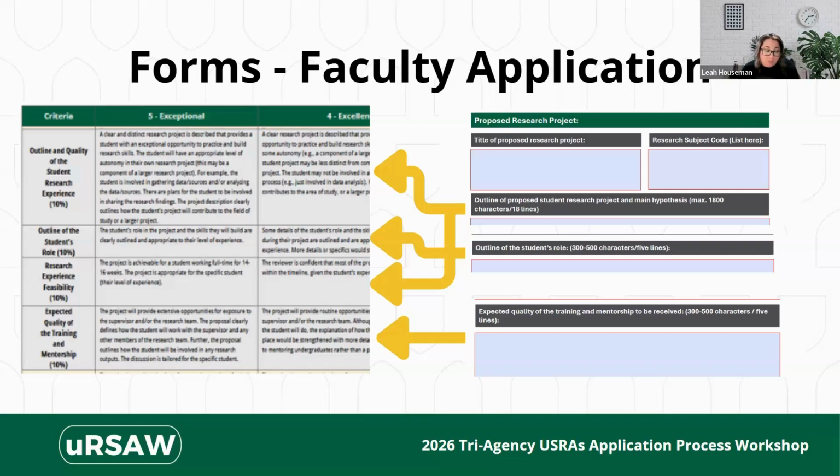If you are applying to another institution as a USASC student, then you will need to apply with a faculty member from that institution, and you'll need to apply to that institution. So if you're going to apply for a USRA at UBC, for example, you have to follow UBC's application process. If you have any questions about that, let us know.